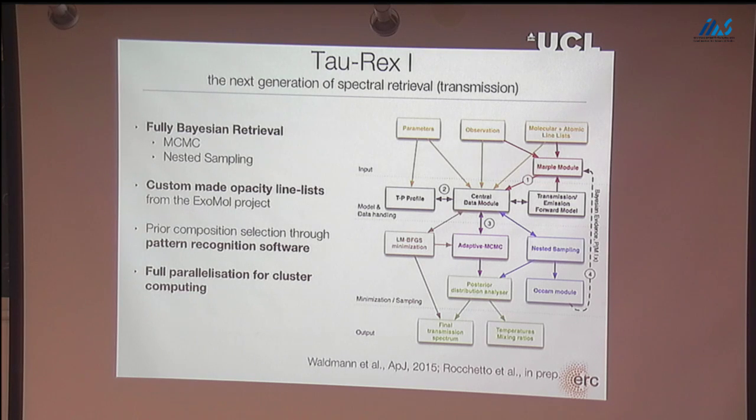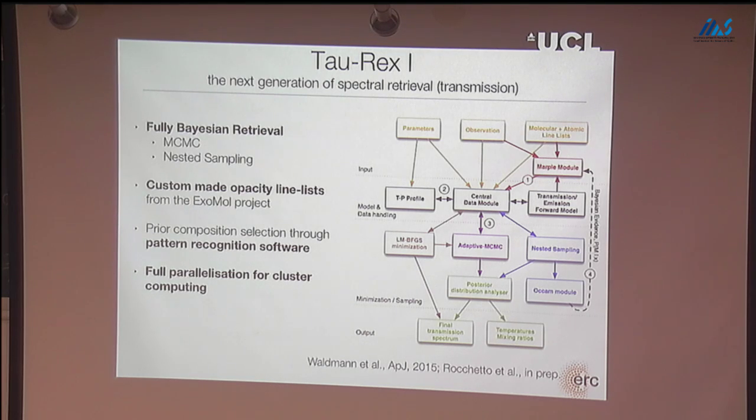Solution means what are the molecules present in the spectrum, and not only what are the concentrations as a function of altitude, but also what is the thermal profile. And all this probing of the parameter space is done in a fully Bayesian way. Again, this is common with our retrieval.